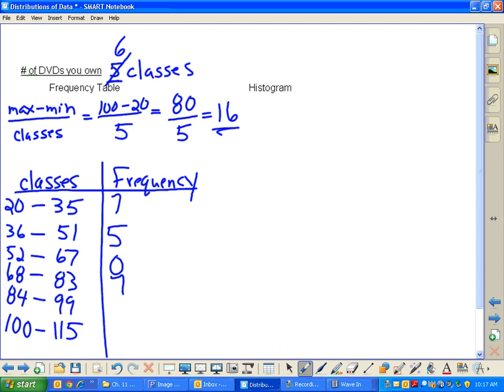And then 84 to 99. So 1, 2, 3. 3 of those. And then 100 to 115. I know we had 2 100s, right? Yep. So 2 people that own between 100 and 115 DVDs.